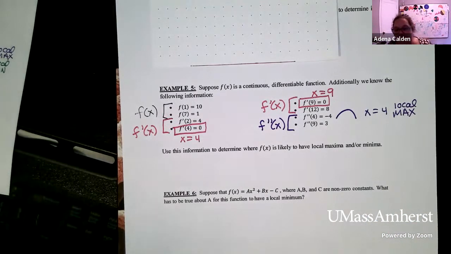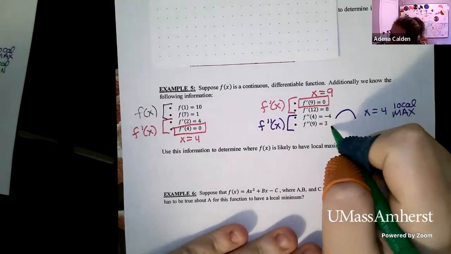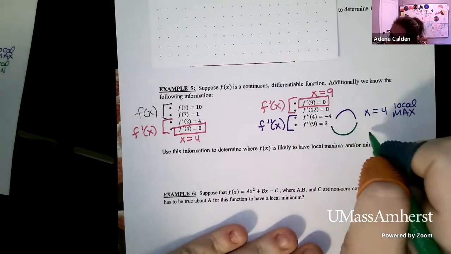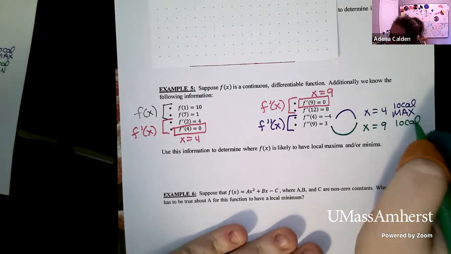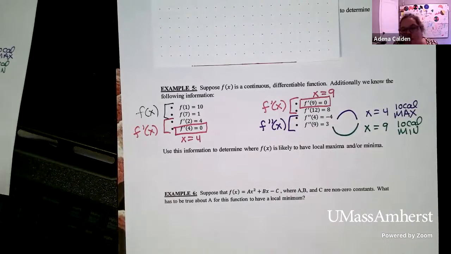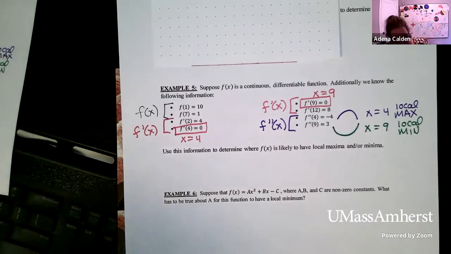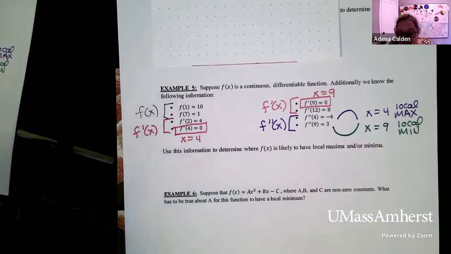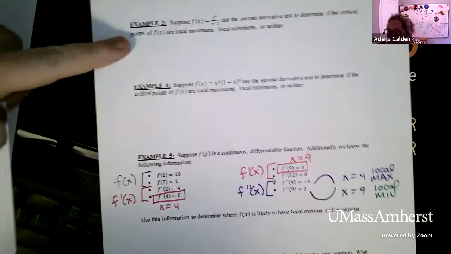The second derivative at 9 is positive, it's 3, that means that the original function is concave up. So that tells me that x equals 9 is a local minimum. So I was able to use the first derivative to find the critical points and the second derivative to classify them.